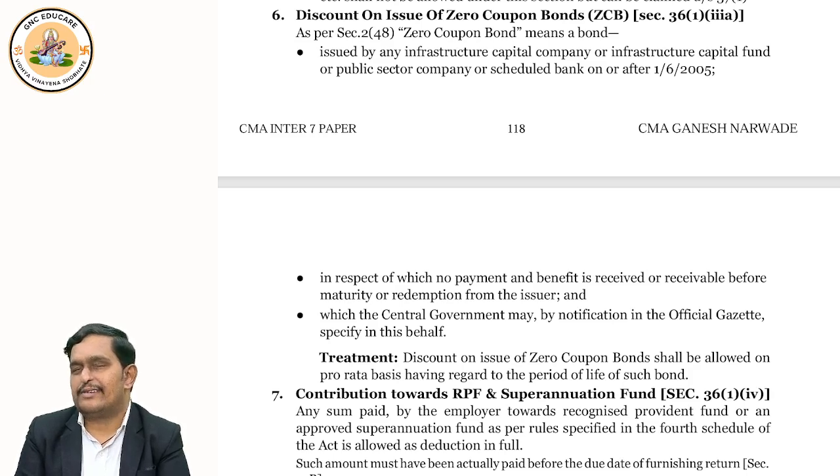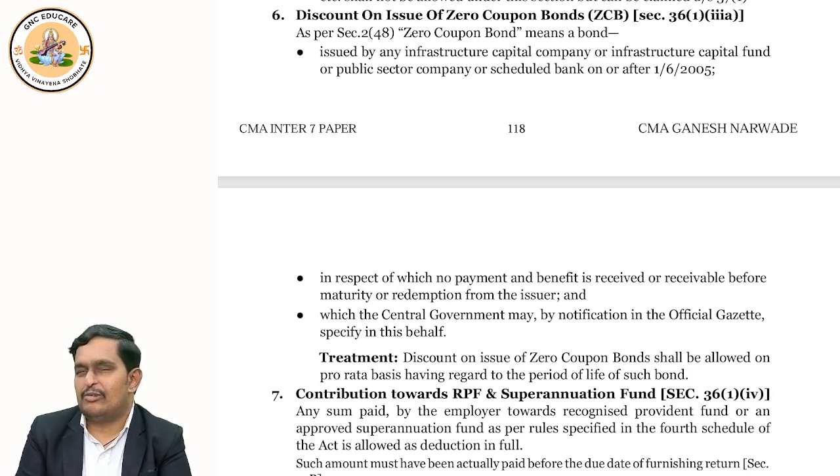So how it works, I'll tell you. Suppose a bond is issued for 80 rupees and its maturity is 3 years, and after 3 years they will pay you 80 rupees plus interest, let's assume 100 rupees. So on maturity you will get 100 rupees. Now tell me, what is the interest income earned?